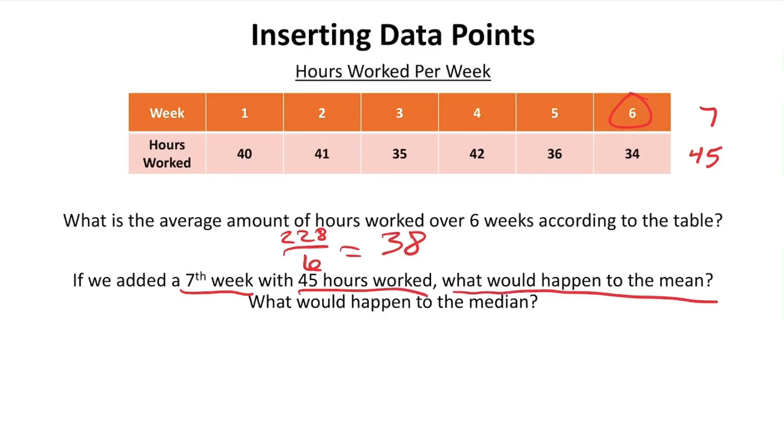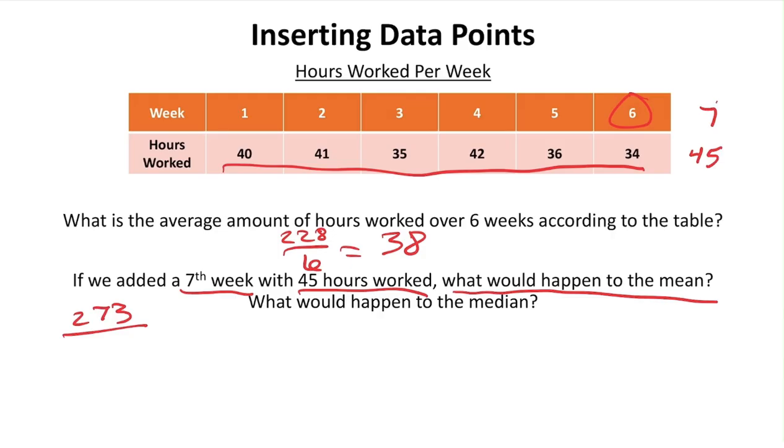what would happen to the mean? And what would happen to the median? Okay, so let's go ahead. We know we had 228 when all these were added up, right? So if we just add 228 plus 45, that gives us 273, and that'll be the same as if we added them all over again.